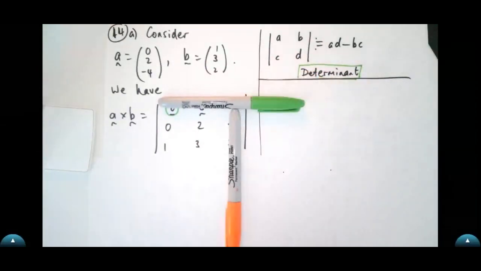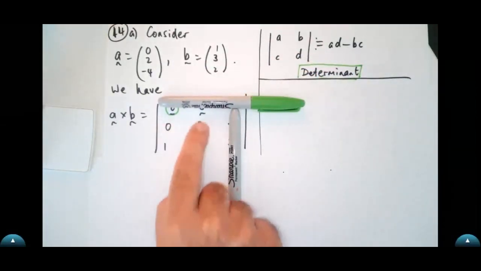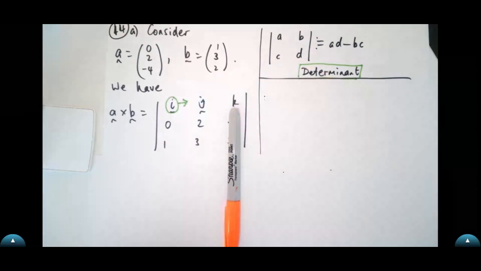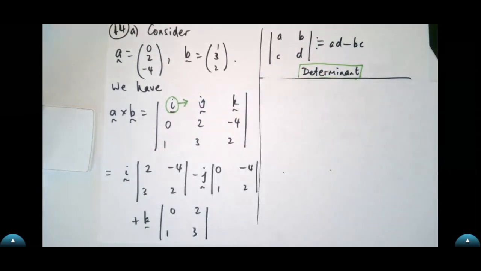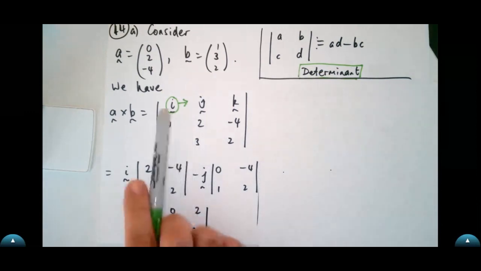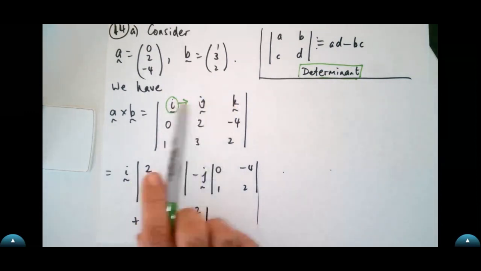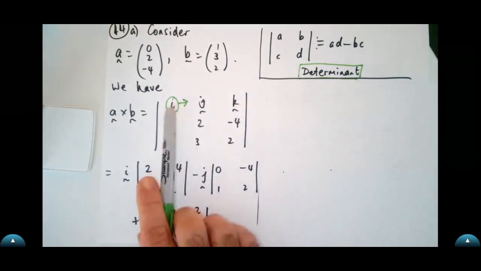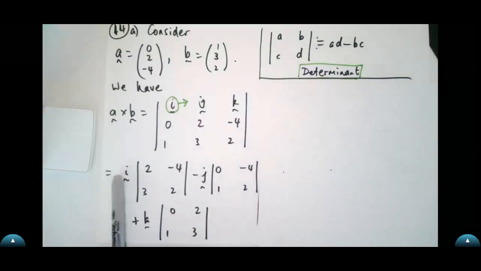Then move on to K. Cover K and multiply by the determinant of what's left. Now, the only thing you need to be aware of is every time you move from column to column, you change the sign. So positive I, negative J, positive K. It seems a little bit weird when you do it like that, but there is a reason.